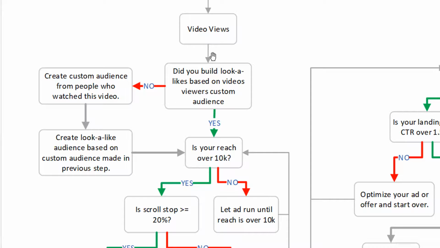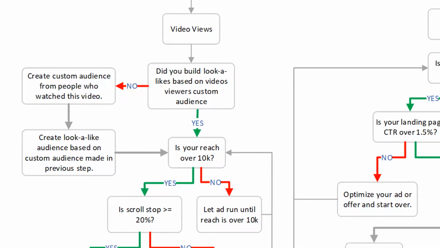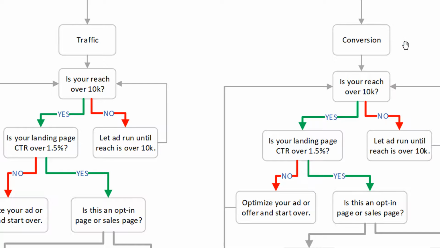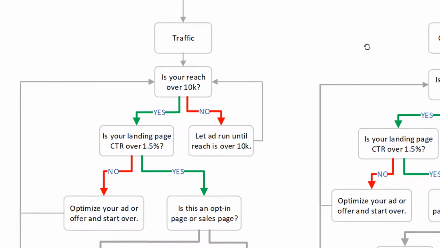So typically when people are doing the video views objective, they're simply doing it to build an audience. They're not necessarily doing it to sell the item yet. They're just doing it to build the audience, warm up the pixel, and build the audience to use as a lookalike audience for conversions or for another objective.